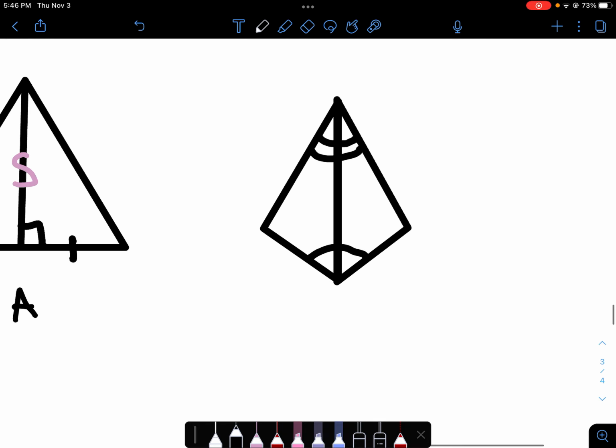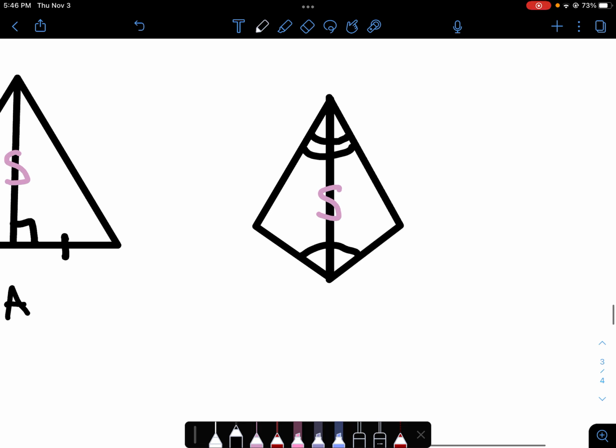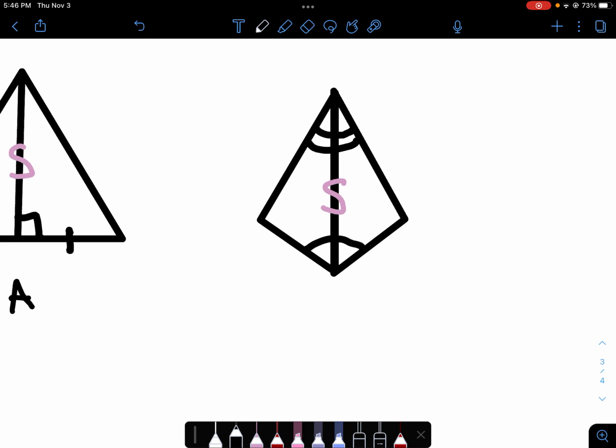Now for this final one, we have a shared common side, and then we have angles. And notice how these angles are on the shared common side, which is the congruent side. So now what are we going to do? This is angle, side, angle.